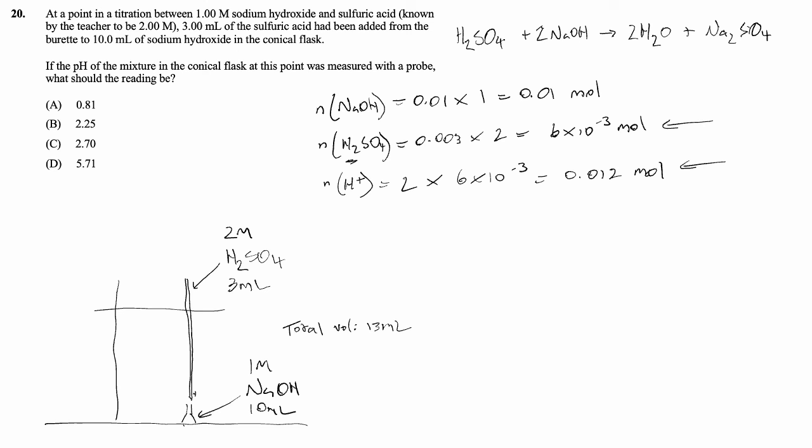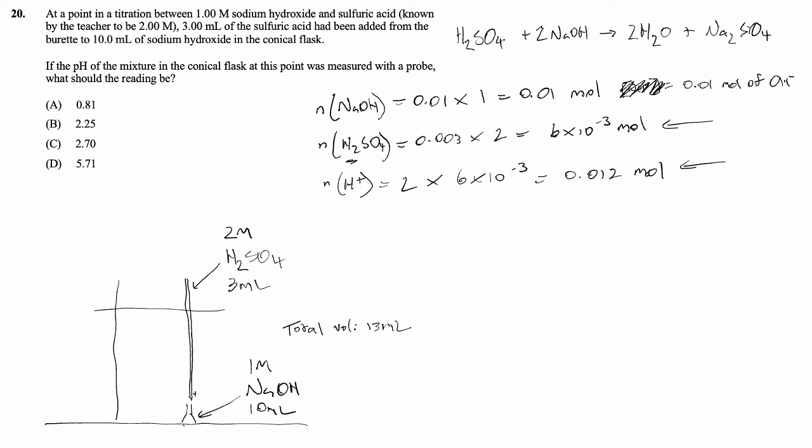All right, now let's see which one we have in excess. We've got 0.012 mole of H+, and we have 0.01 mole of NaOH, or in other words, OH-. So the number of moles of OH-, because it's a 1-to-1 ratio of sodium to hydroxide, is also equal to 0.01. Number of moles, not concentration.